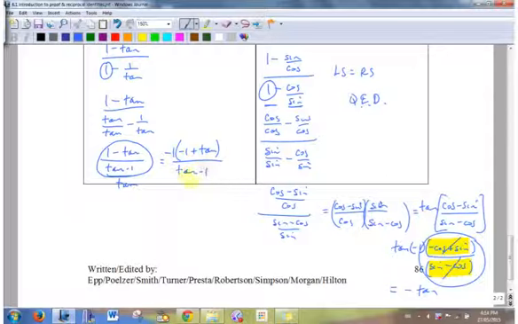Over tan minus 1 all over tan. And this is the same as this, so I can cancel that out. Now this looks a little confusing. What the heck is going on here? It's kind of difficult, right?